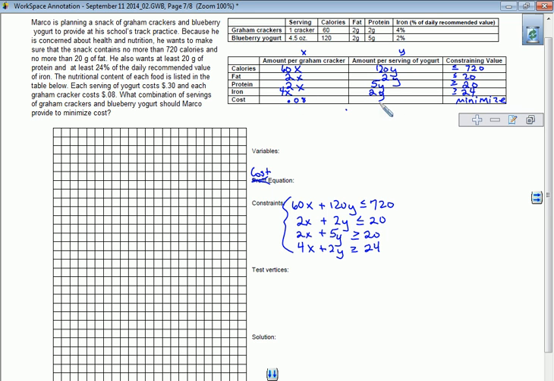And the cost of a yogurt. 30 cents. So the cost is equal to 8 cents per cracker plus 30 cents per yogurt, and I identified X as graham crackers and Y as yogurt.